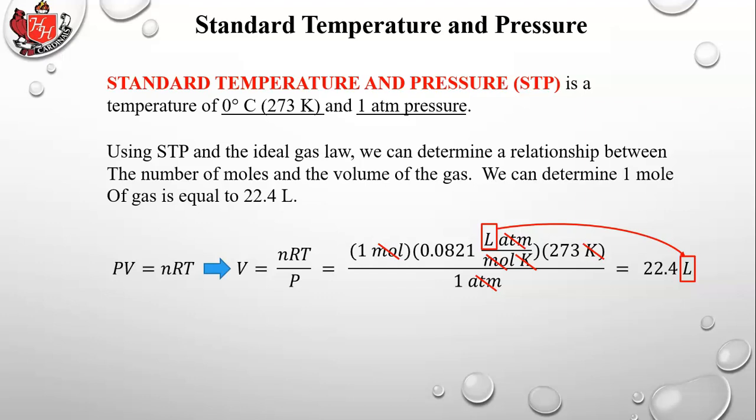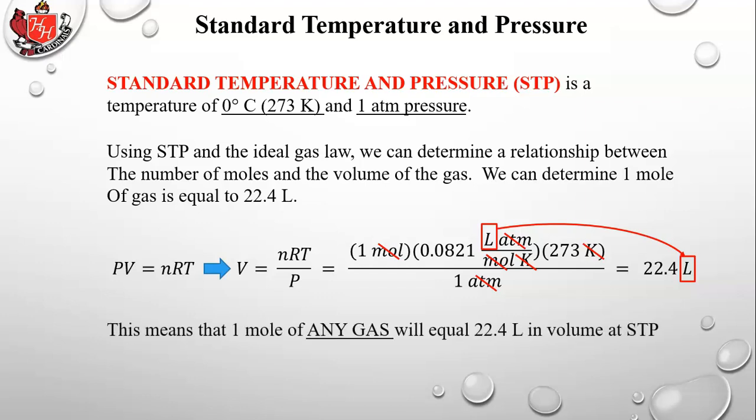If you just opened all those bottles, 11 bottles plus a little bit more to the atmosphere, you would have 1 mole of air molecules, N2 and O2, in those bottles. So this means that 1 mole of any gas will equal 22.4 liters in volume, and now that has to be at standard temperature pressure.